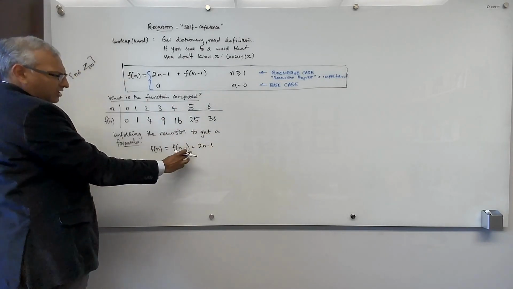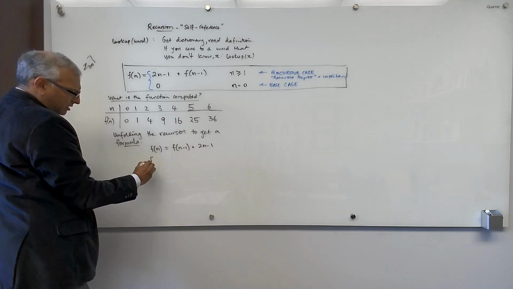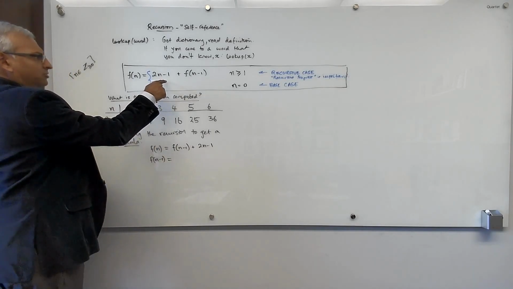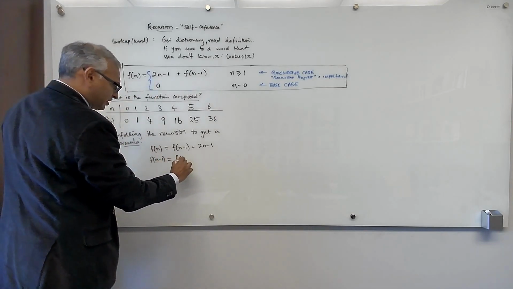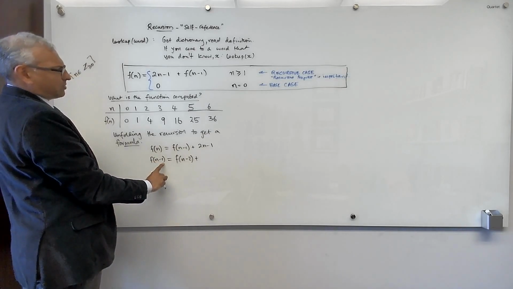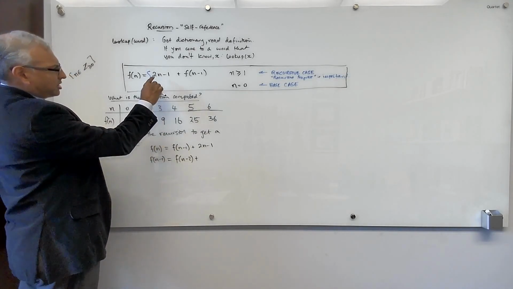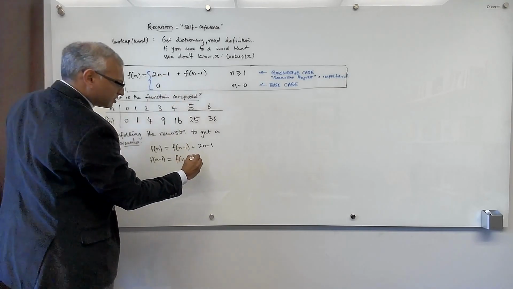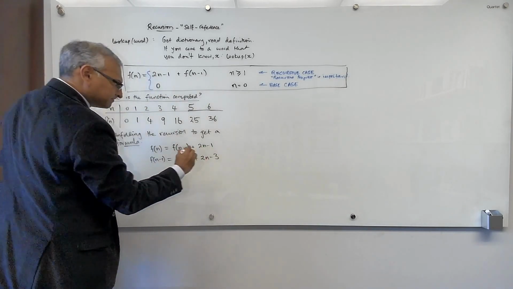And now I need f of n minus 1, so I'll write that here. F of n minus 1 is equal, according to the same recursion, to f of n minus 2 plus, instead of n I'm going to plug in n minus 1, so 2 times n minus 1 minus 1, that's 2n minus 3.